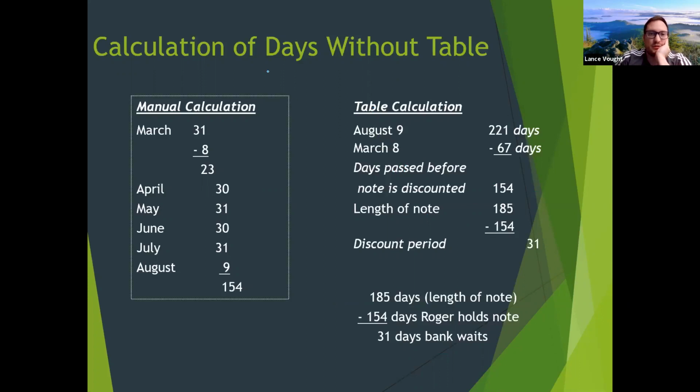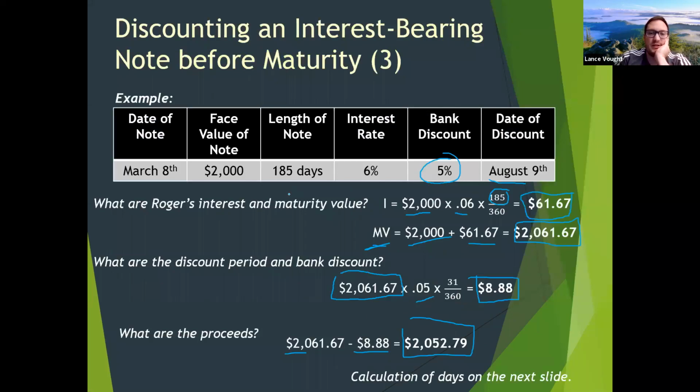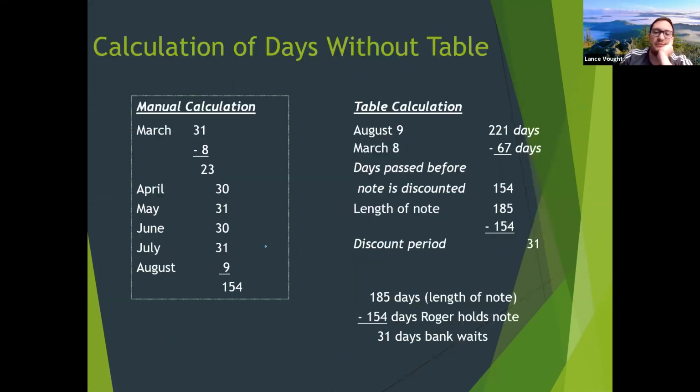And so the reason why there's 31 days left is because we were calculating the difference between March 8th and August 9th. How much time has elapsed between there and 185 days? Well, between March 8th and August 9th, 154 days had elapsed, which means that the discount period is 31 days.